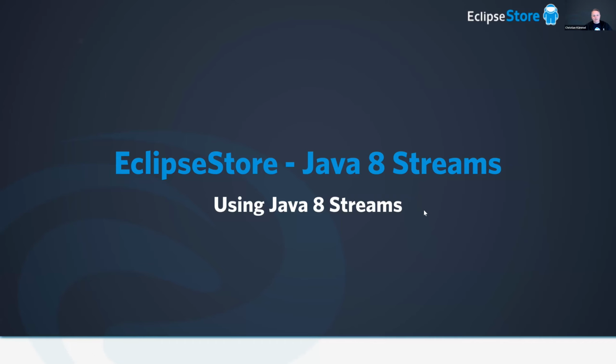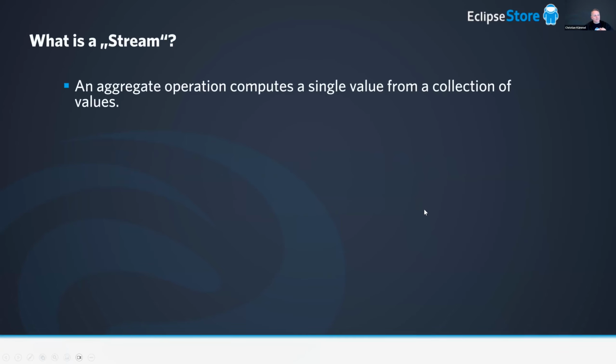Okay, what is a stream basically? Per definition, it's an aggregate operation that computes a single value from a collection of values. That's one point of a stream. A result could be a primitive value, like a long or an integer value, to count something or to get the max value out.